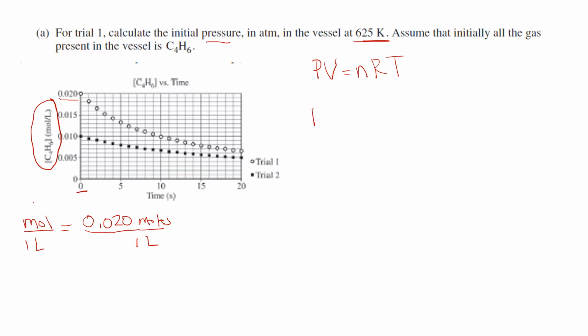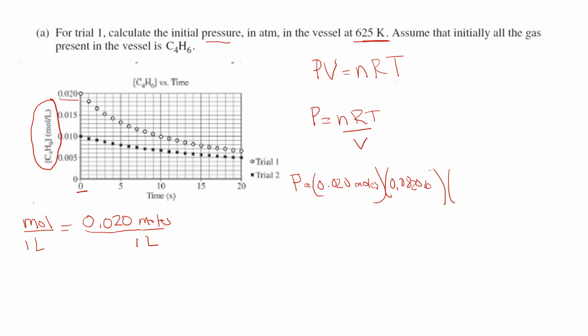So rearranging this to find my pressure, I get this. And now I'm just going to plug in those values. I've got 0.020 moles. My R value is 0.08206, and I'm going to leave, just for sake of time, the units off of that.